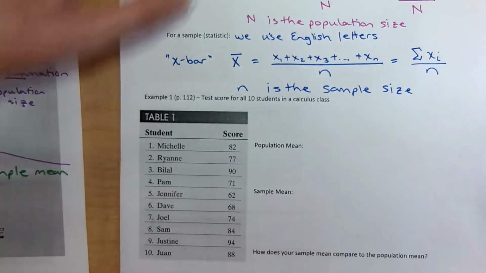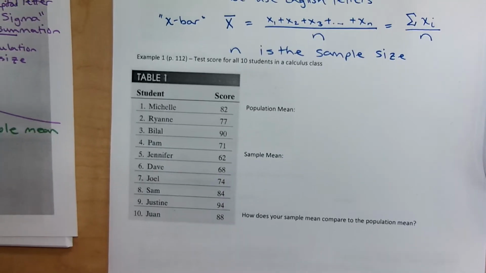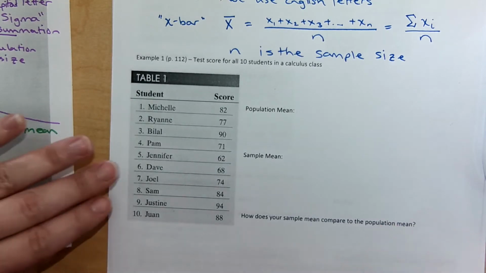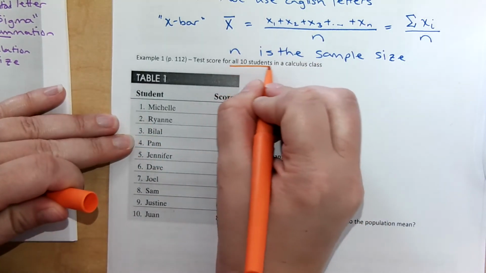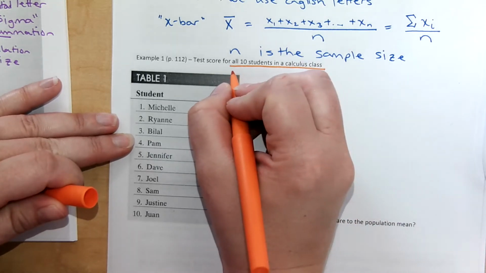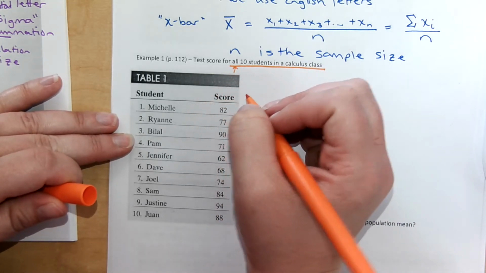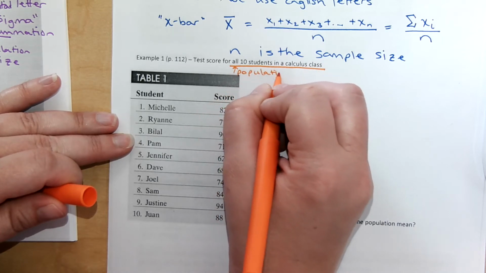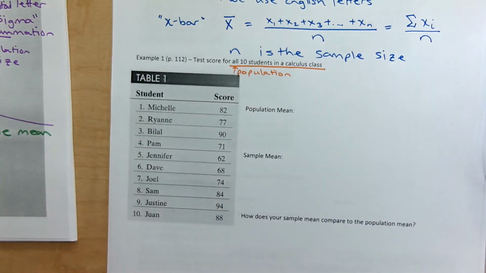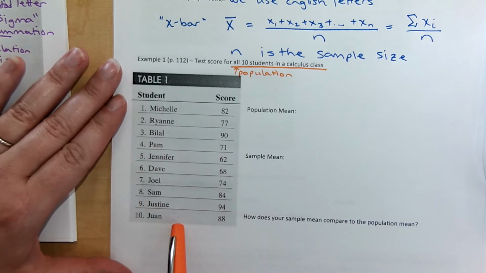All right, so let's look at this example. We have 10 students in a calculus class. It says that this represents all 10 students in a calculus class. So because it says all, that means we're referring to the population. So we're going to treat these 10 students as the population.